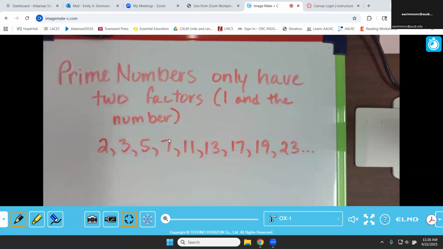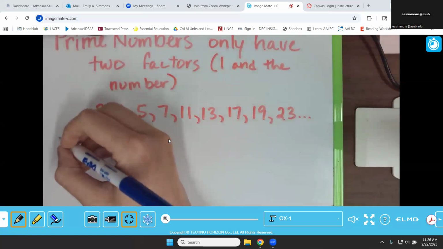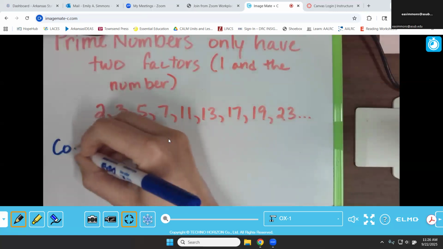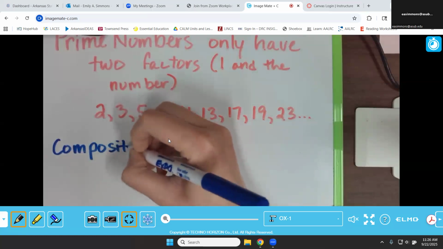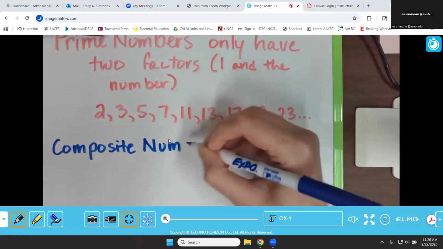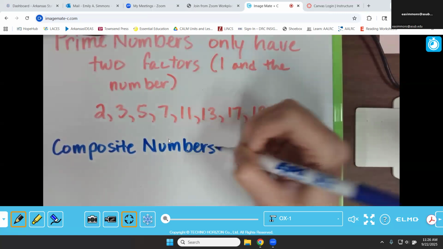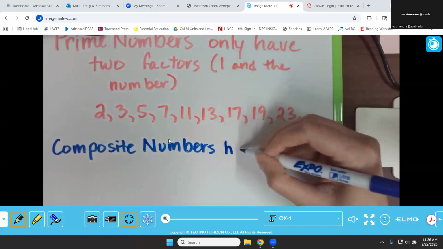But then what are the numbers that aren't prime numbers? So if it's not a prime number, it's going to be a composite number. And composite numbers have more than 2 factors.